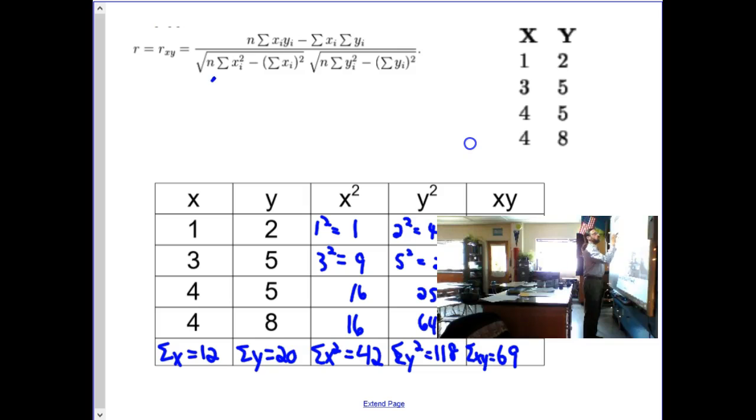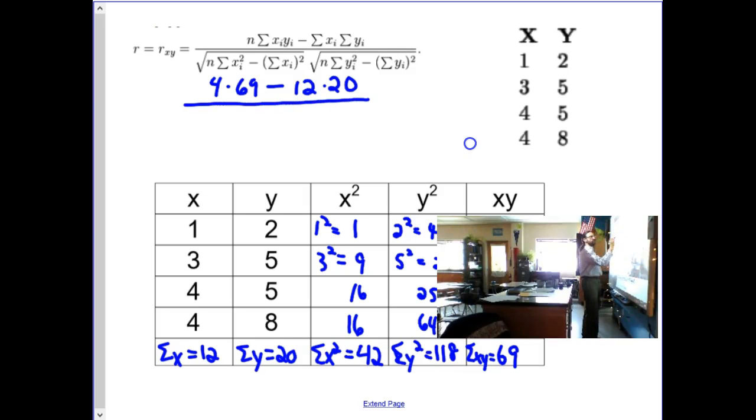I've got 4 times the sum of x times y, which is 69, minus the sum of x, which is 12, times the sum of y, which is 20.